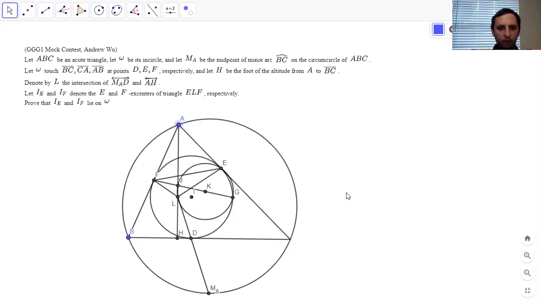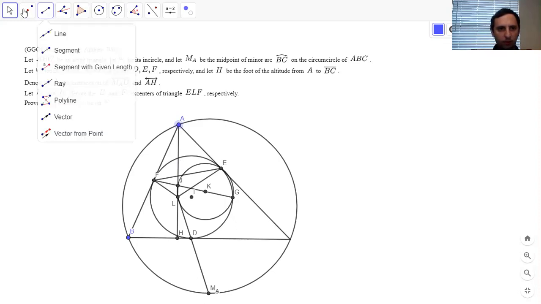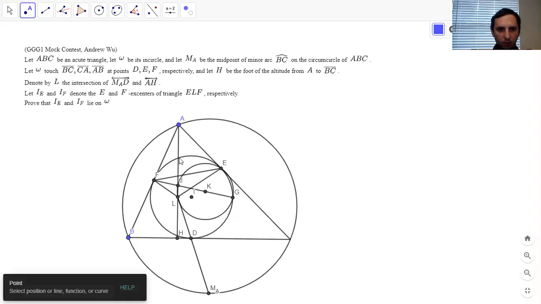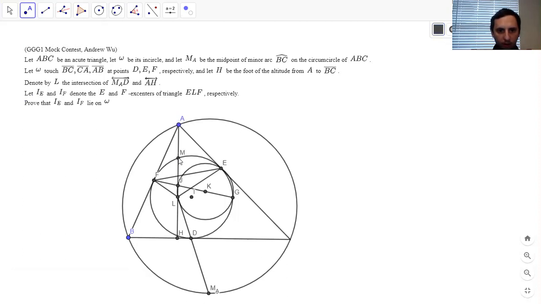I guess what we could do to check that, let's see, if that were true, then MD would be parallel to AMA.